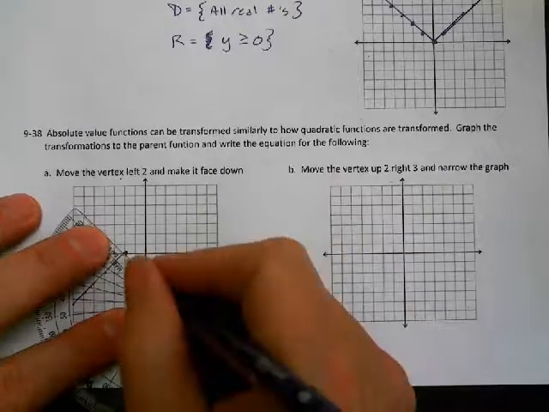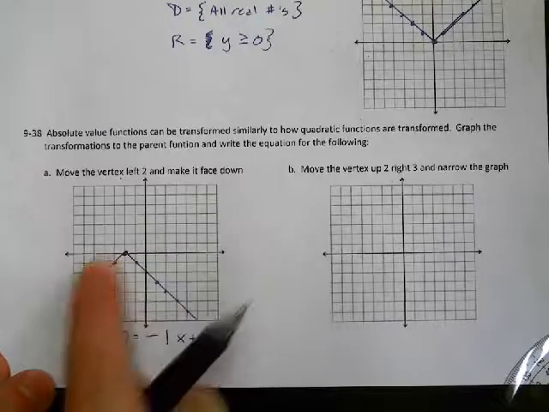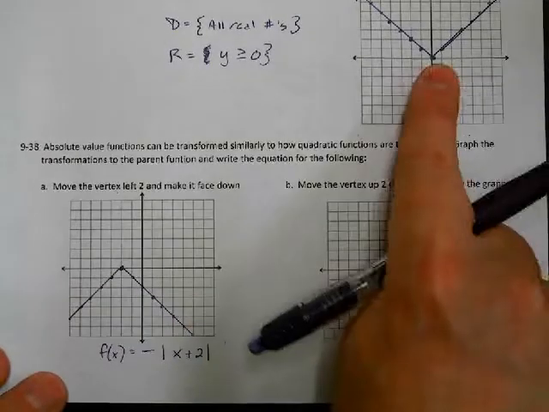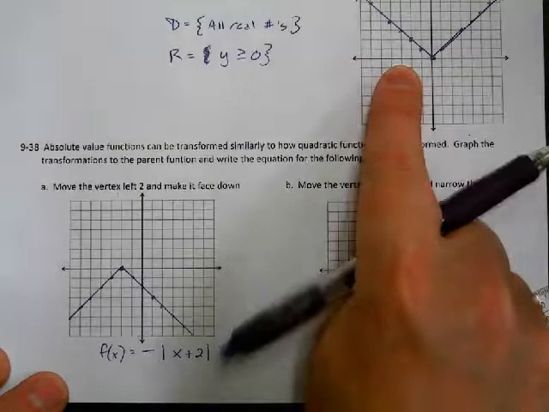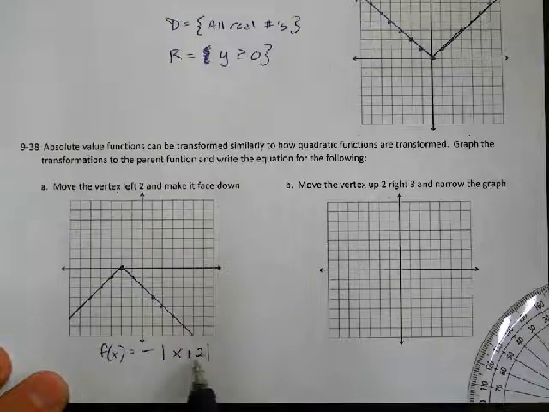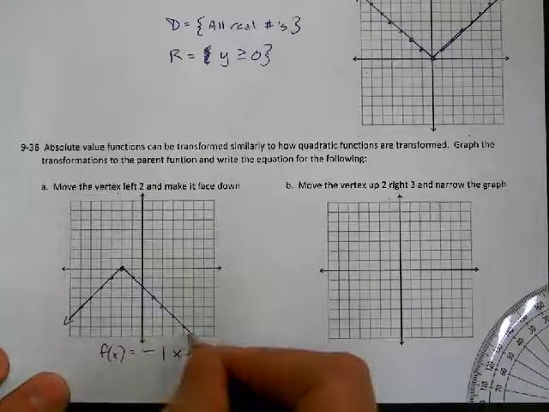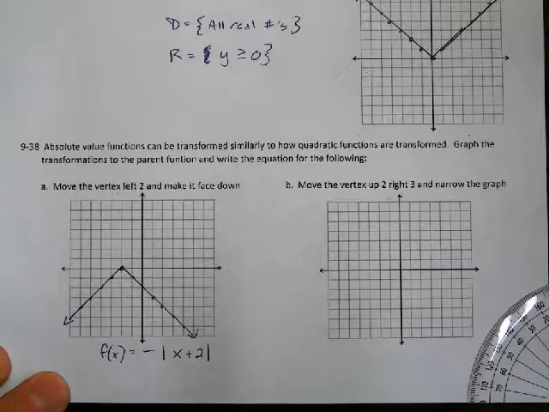All right, so this one shifted to the left 2 units, and then it's facing down. So compared to the parent function, it went over 2 units and then face down. The face down was achieved by putting a negative out here, and then shifting it over to, we do plus 2, remember, because it's always the opposite, just like we did when we did quadratic functions.